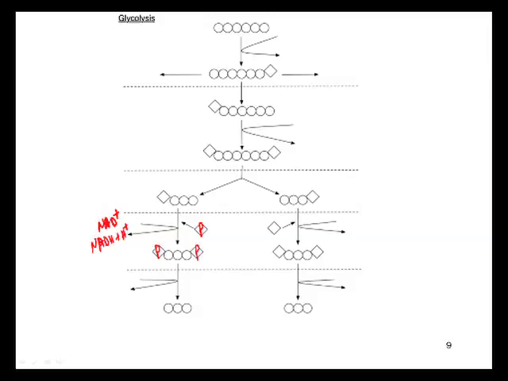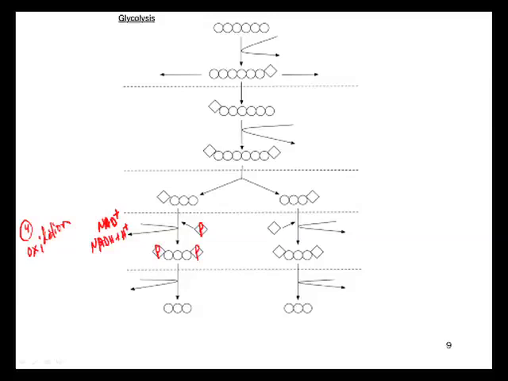Actually, this oxidation phase here has been compressed. There's actually about 3 reactions occurring here. So NAD+ is going to be reduced to NADH, and the P-gal is going to be oxidized to this 3-carbon molecule.